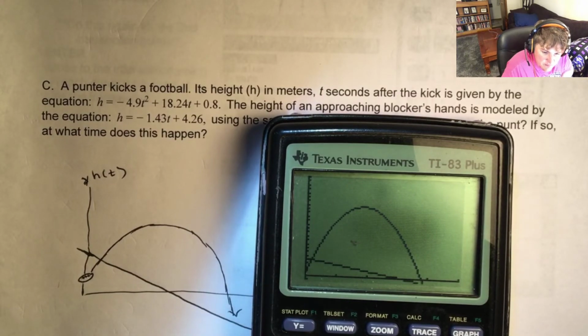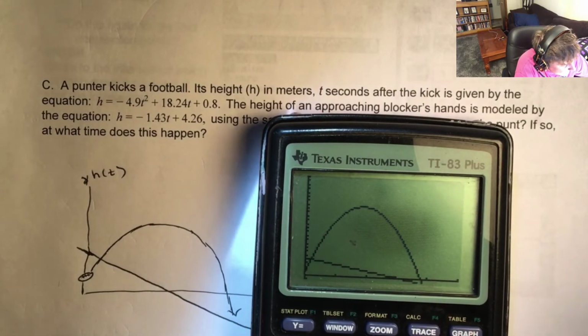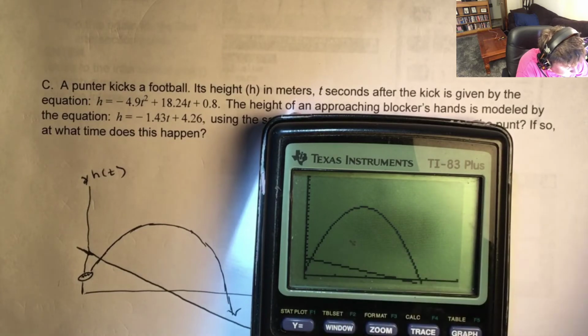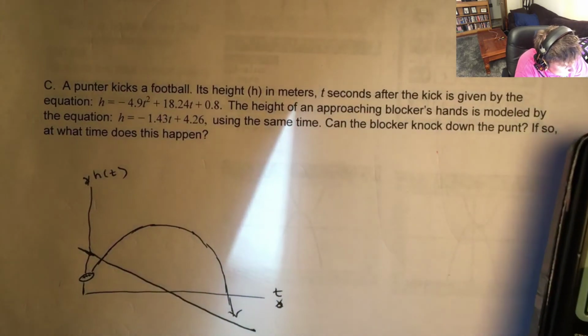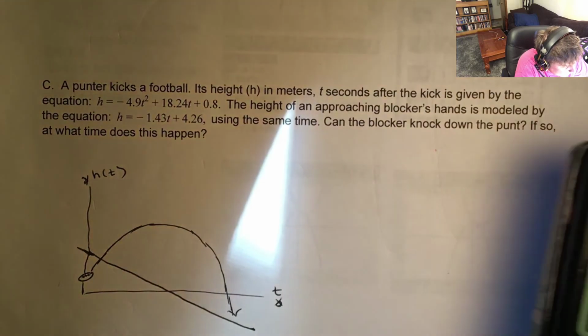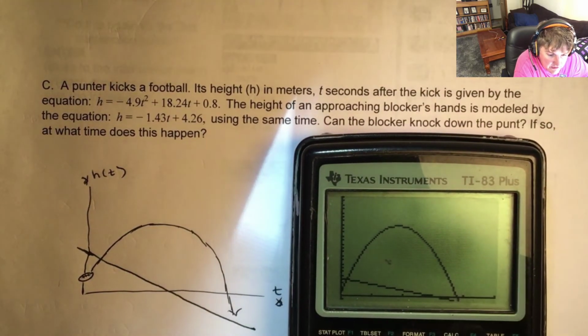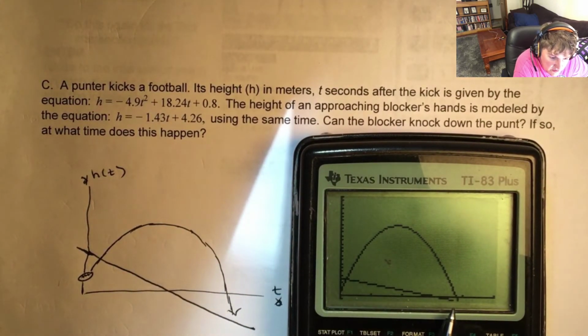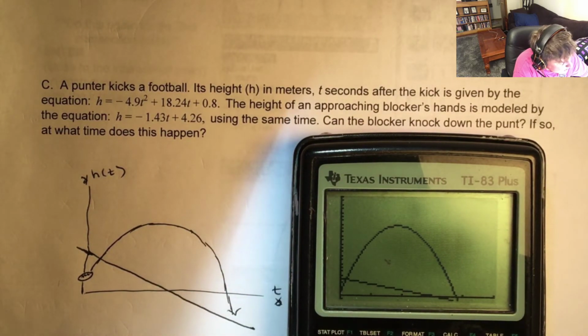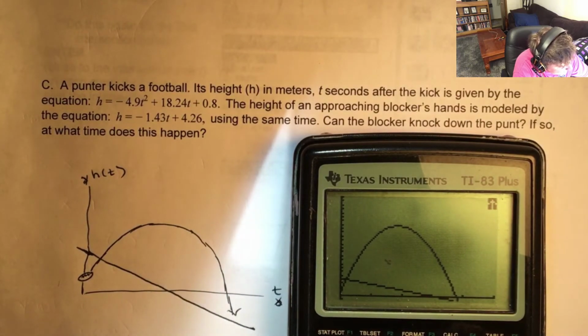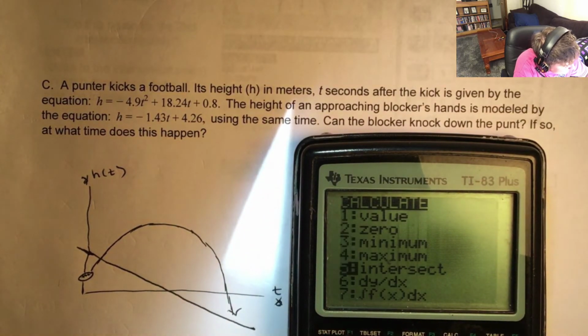So where is this person's hands going to cross the ball, and whether they can knock the ball down at all? It looks to me like the reasonable spot that they can get their hands on the ball is right in here. So let's go ahead and second trace, and we're going to look for the intersection.